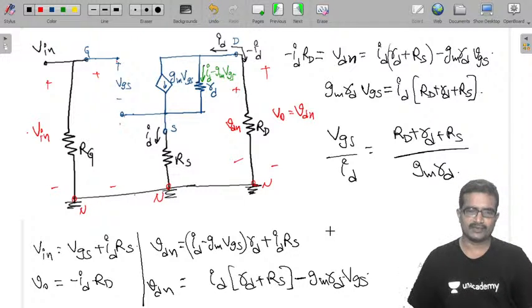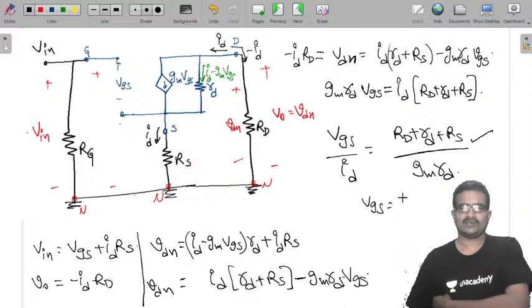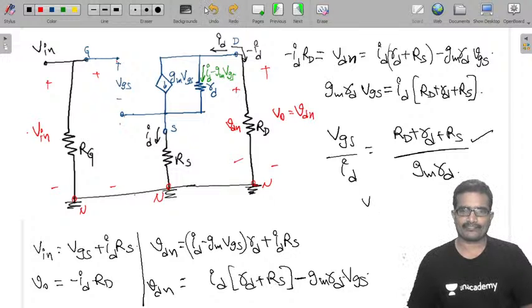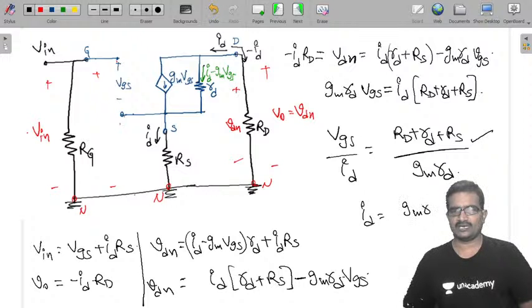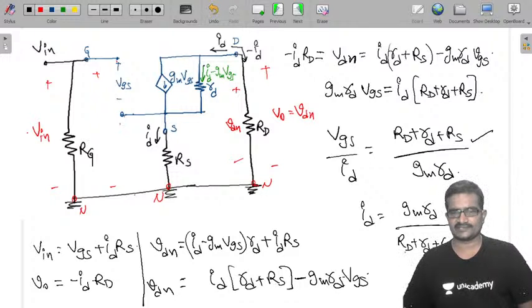Now I am taking this ID common here. Once taking the common ID, from this we can write ID is gm into rd by (capital RD plus small rd plus RS) into VGS.